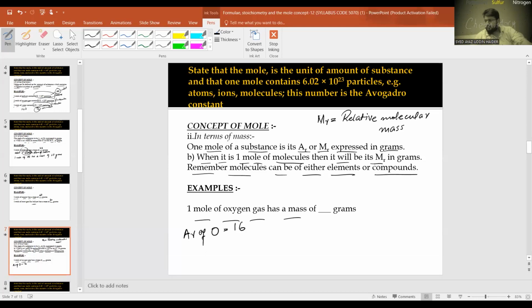And we know that oxygen exists in the O2 state. So we'll write MR of O2. You have to multiply 2 by 16 and we will get 32. So 1 mole of oxygen gas has a mass of 32 grams. Remember, it's not 16 grams. It is 32 grams.